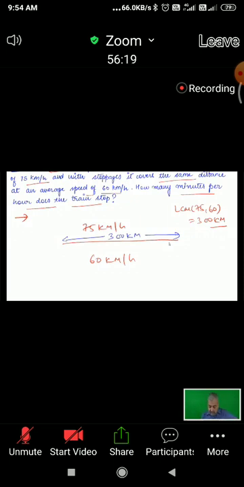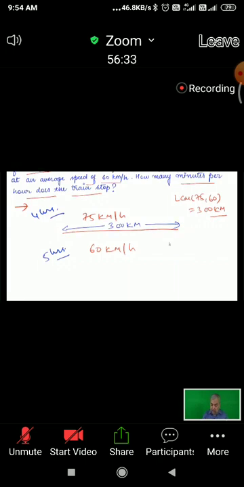Now, without a stoppage, time taken will be 300 by 75, that is 4 hours. And with a stoppage, time taken is 300 by 60, that is 5 hours. So in 5 hours, the stoppage time is 1 hour, because without a stoppage, time taken is 4 hours, and with a stoppage, time taken is 5 hours.